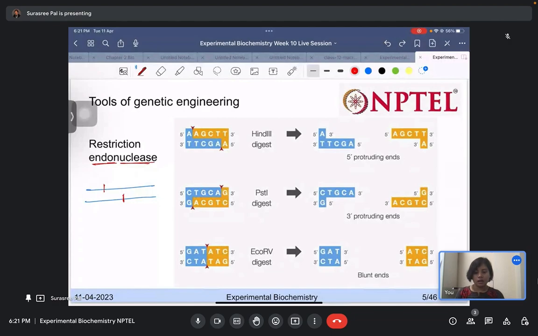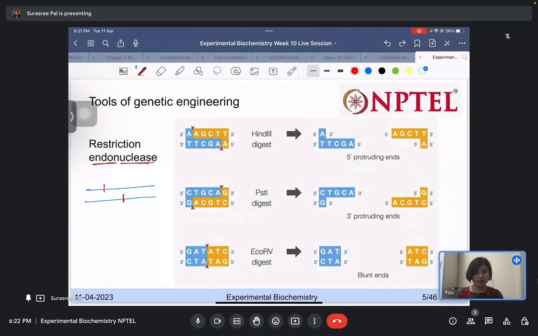So for example, here you can see the top row of this figure, the Hind3 digest. Hind3 is a restriction endonuclease.